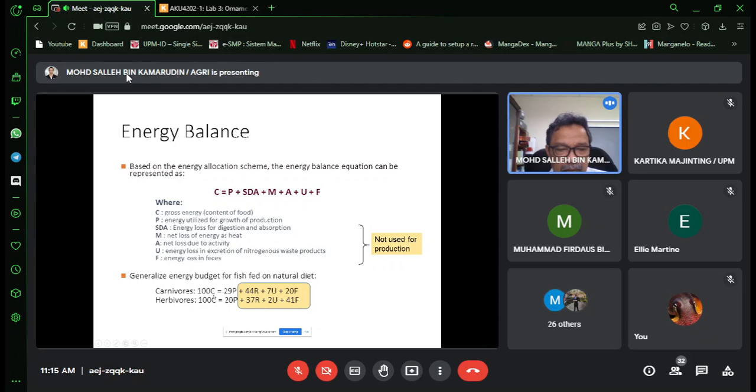And carnivores usually about 30% yang akan digunakan sebagai energy simpan dalam body for growth. Yang herbivorous about dalam 20%. Carnivore sepatutnya lebih tinggi yang hilang, sebab dia tak berapa cekap, perut dia pendek, digestibility dia kurang sikit.